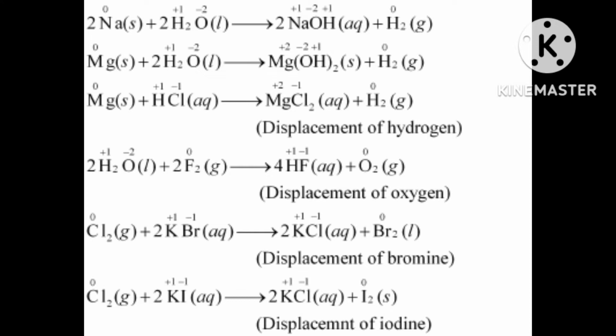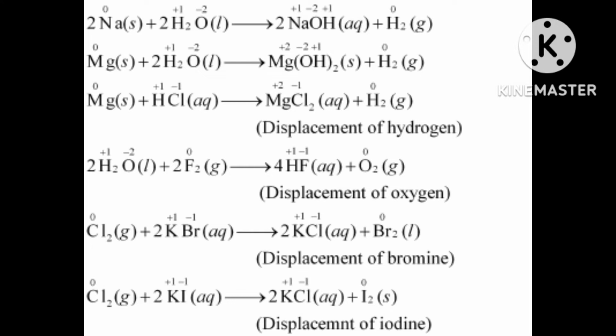Means zinc will lose electrons faster than copper, and copper is faster than silver. Means it will donate electrons. And this is the tendency. Zn will lose electrons very fast. After that, copper will come, and third is the silver.